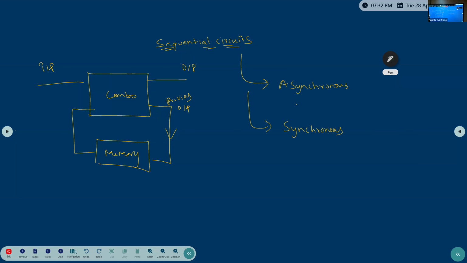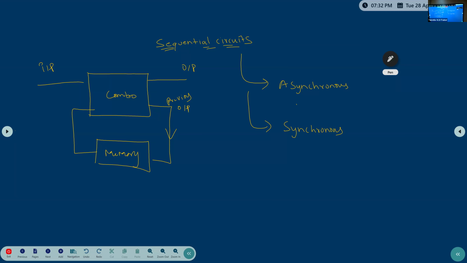An asynchronous sequential circuit is not controlled by the clock signal. The output of the circuit does not depend on the clock.